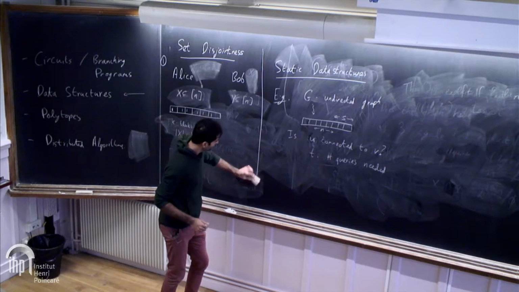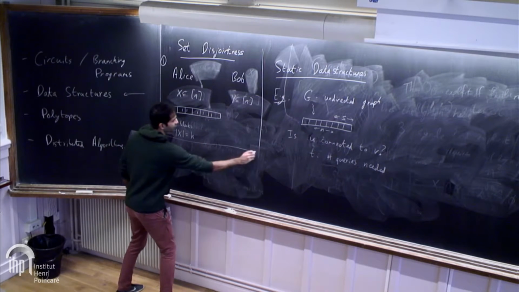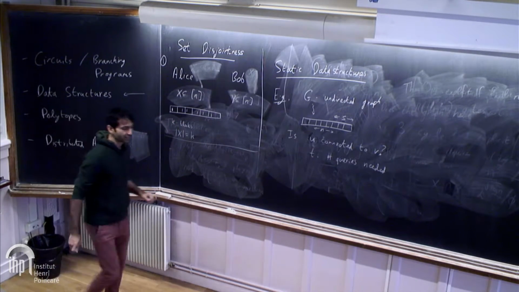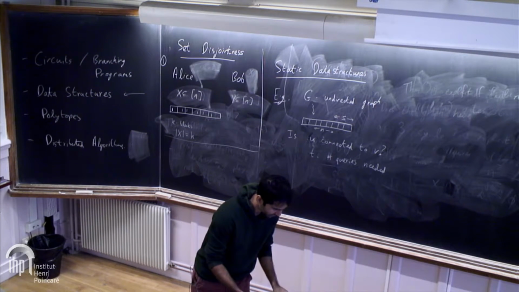And what you can show, in analogy with the old proofs for disjointness, is that the trivial protocol is essentially tight. Let me find the bound.